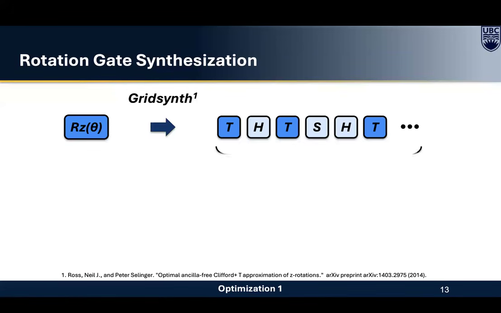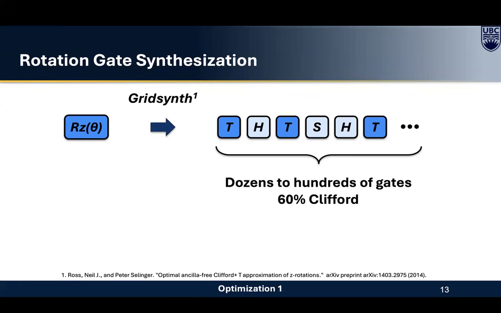But in the end, from each rotation gate, we end up with dozens to even hundreds of gates, and among those, 60% are Clifford gates. So you can imagine that if you have just a few rotation gates in your circuit, you can easily have hundreds of Clifford plus T gates in your final circuit. This is a huge overhead in terms of the Clifford part, so we want to focus on this first.